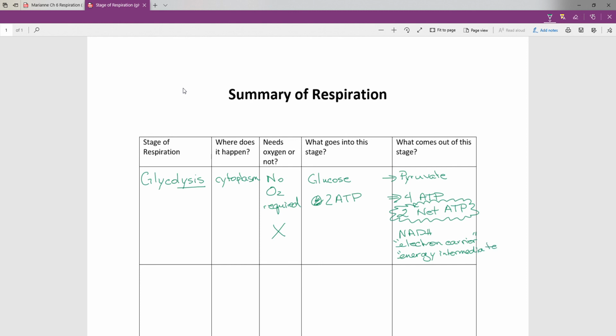Remember, I said that those are needed for later. It's easy to gloss over them, but they really are required for later. So I'm going to take a break in this, our first part, and then I'm going to come back and we'll do the Krebs cycle and oxidative phosphorylation in the next video.